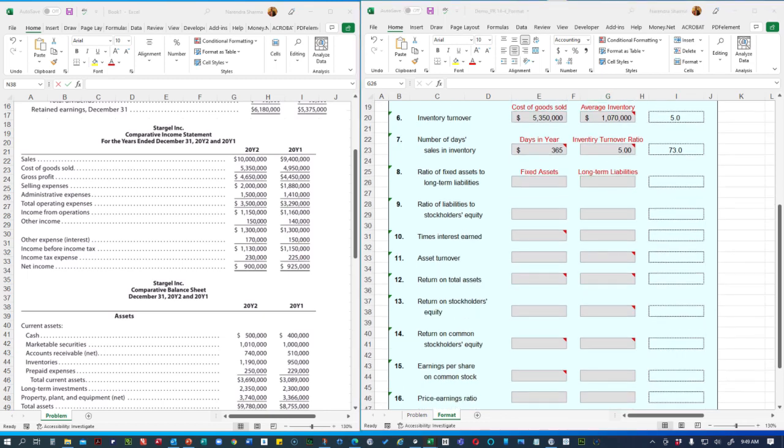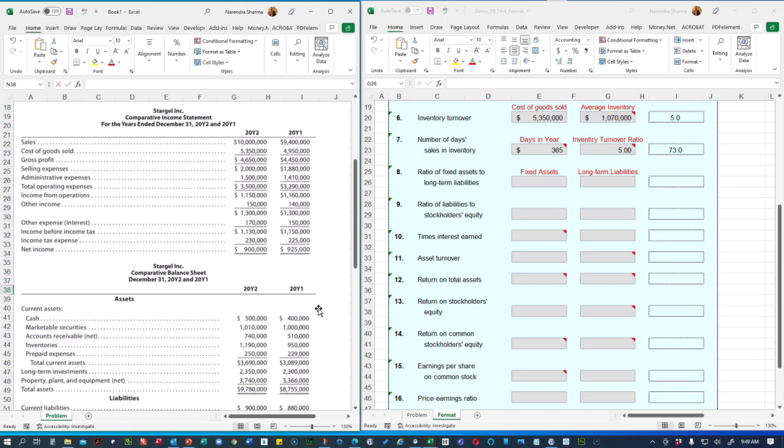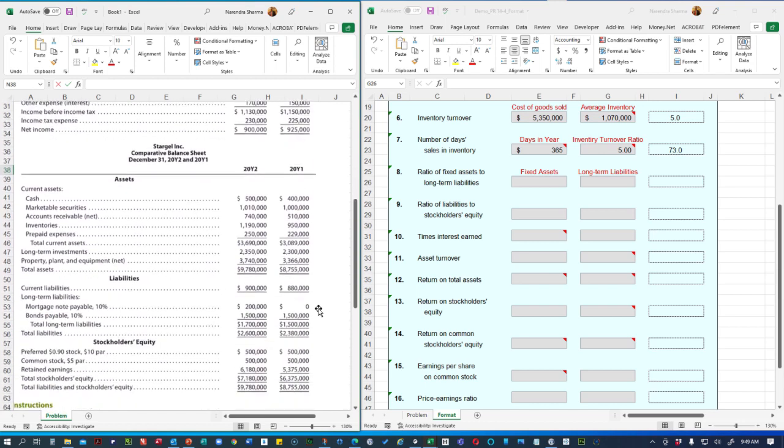Now let's find out what is the fixed asset. Of course, as you can see in your balance sheet, you'll be able to see your assets. Now, fixed assets are those which are not current assets. So we have a long-term investment and property, plant, and equipment.